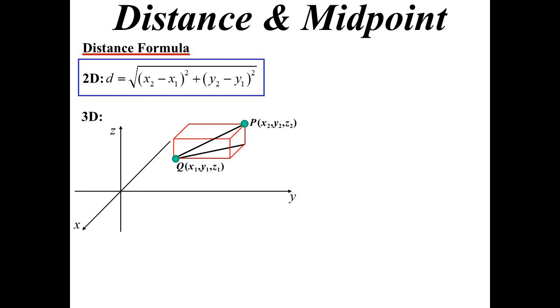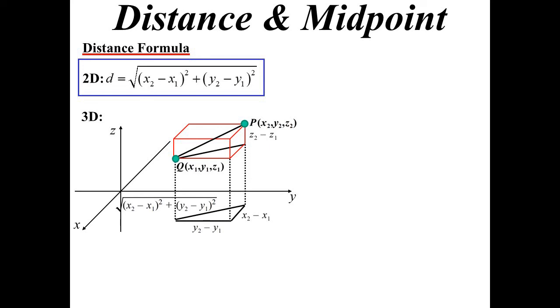But remember, that plane is parallel to the xy plane, so I could project that back down. And really, I can think of it as 2 dimensions now. I just want to find the length of the hypotenuse of that particular triangle. The lengths of the sides would be the difference in the x values and the difference in the y values. It's our 2 dimensions. Well, the hypotenuse then is our distance formula, the square root of (x2 minus x1) squared, and so on.